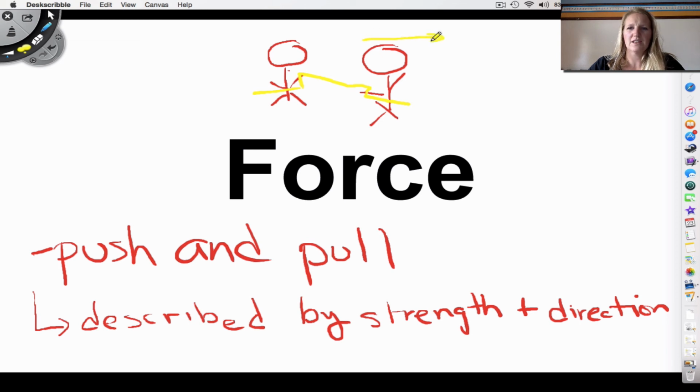If it's a really long arrow like that, that means that this is a stronger person, versus an arrow like this, which is shorter, meaning that this is the weaker force here. So between these two people, this person will probably end up winning. And so that's force.